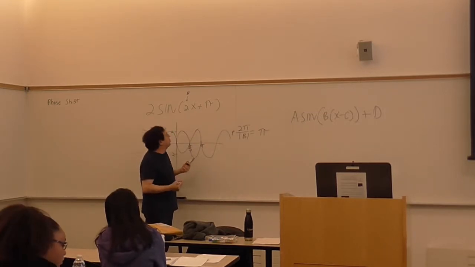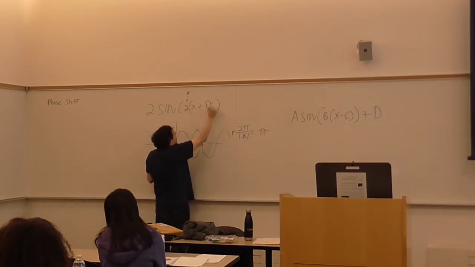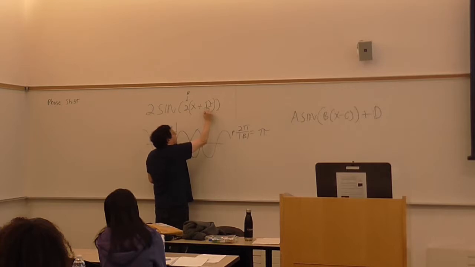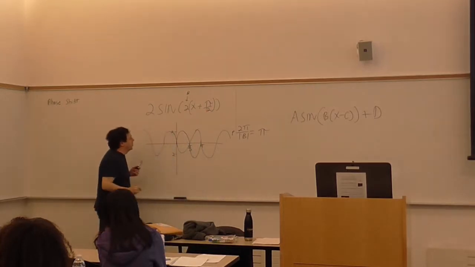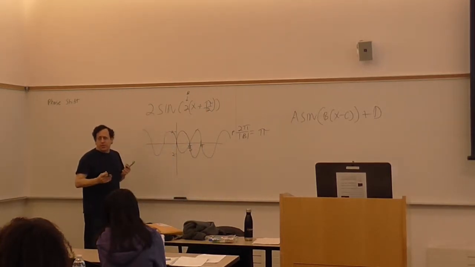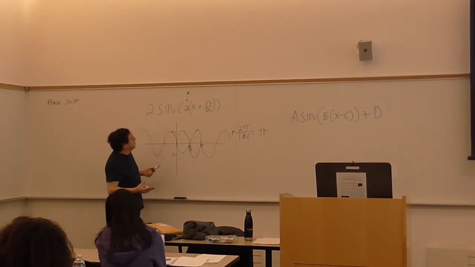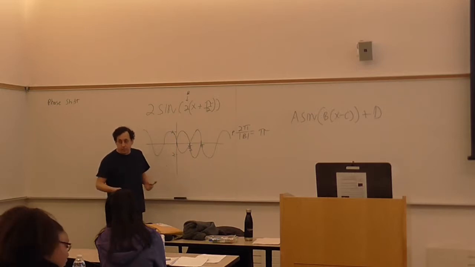Really what I want to do is put parentheses around here, and to do that, I have to make this pi over 3. That is to say, my phase shift is not pi, it's pi over 3. It's just a very common error you should be aware of. Don't make that error, of course.